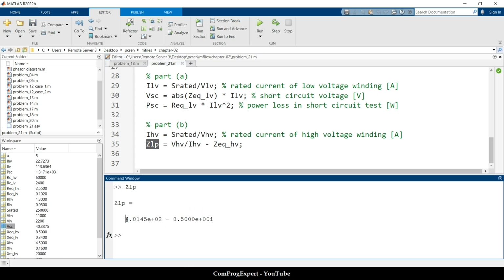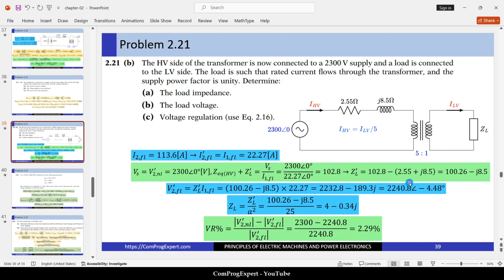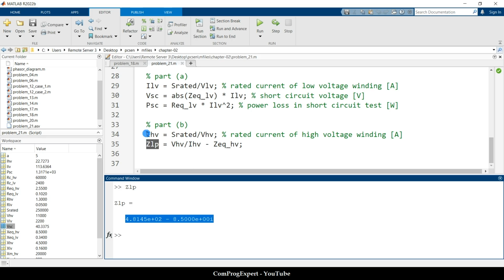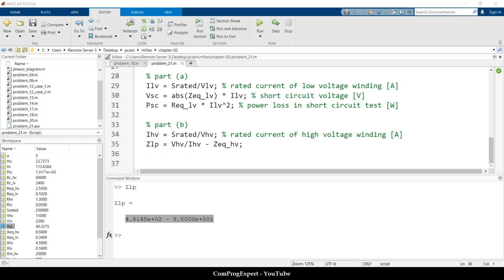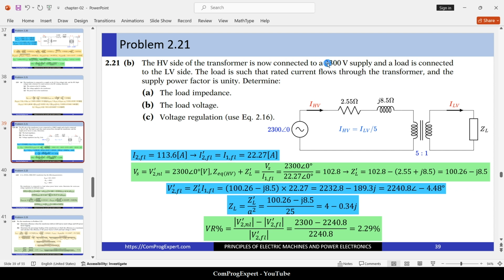Okay, this number. Why is this not the same as this one? Because I considered a wrong parameter here. We shouldn't use the rated voltage. The source voltage is given here, and we need to perform calculations for this source voltage.